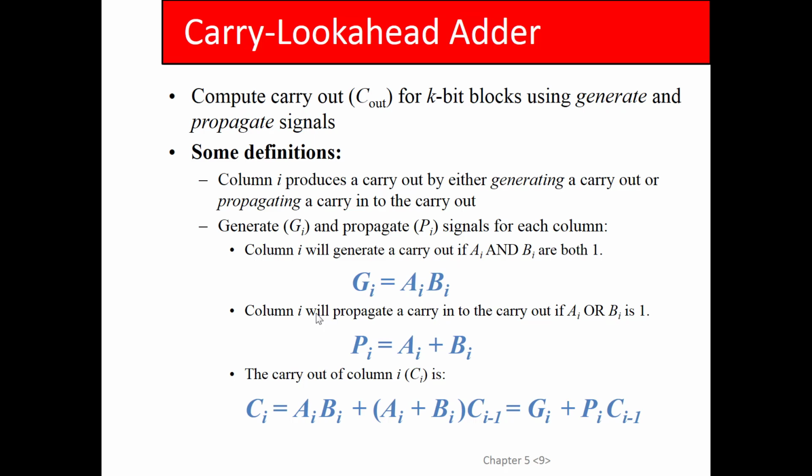We want to reduce the number of gate delays, and of course this is going to cost us. We're going to have to put more gates in, but we want to go through fewer gate delays.